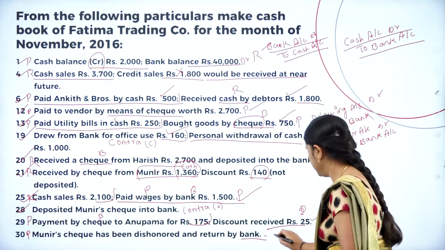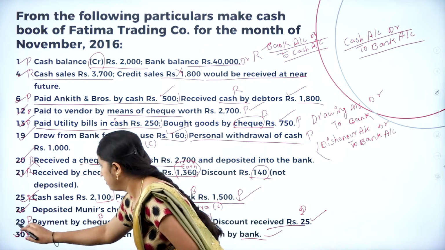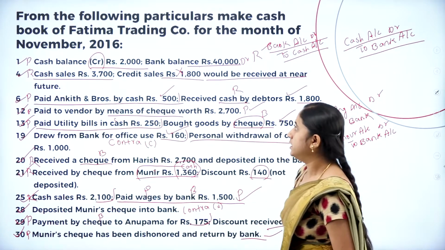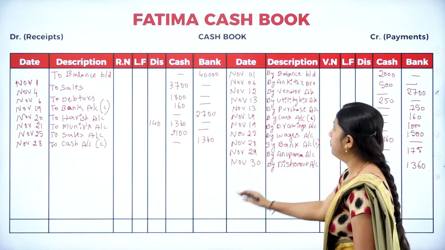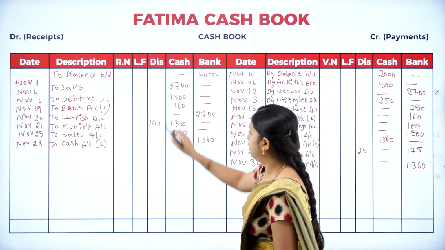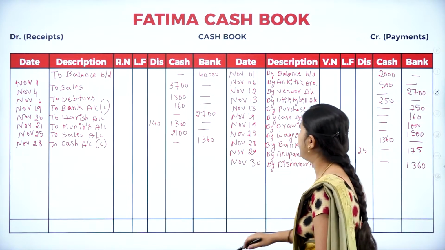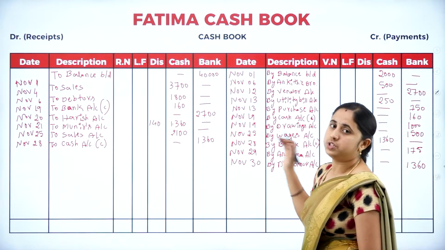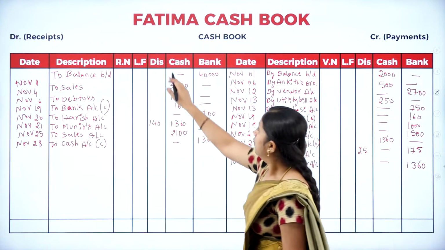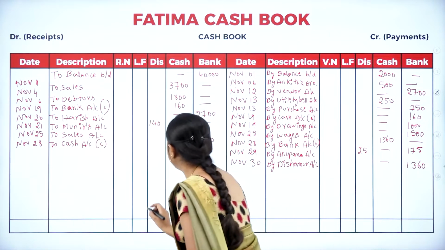Here we record all the transactions in cash book. So now make a total of discount, cash, bank, and credit side discount, cash and bank, right? Whichever is higher. But for the discount, how much will you get?